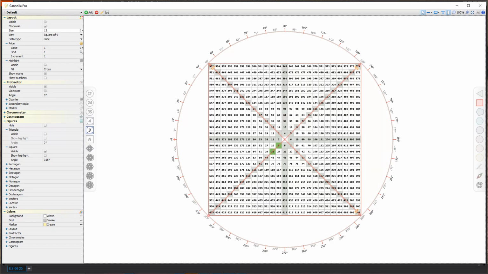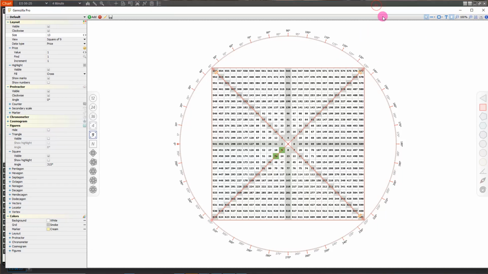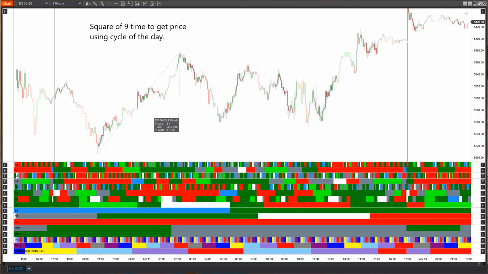So now what I'm going to do is something a little bit different. I'm going to use the time of the day. Since I pretty much key on the 4-minute chart because that's the Earth rotation of the ascendant, I'm going to bring it into a unit like that.